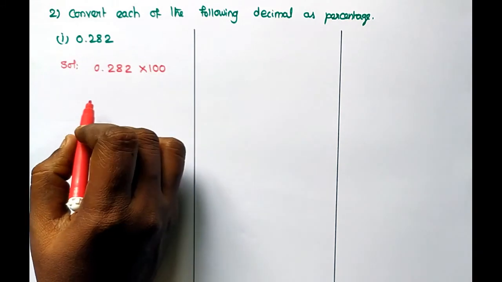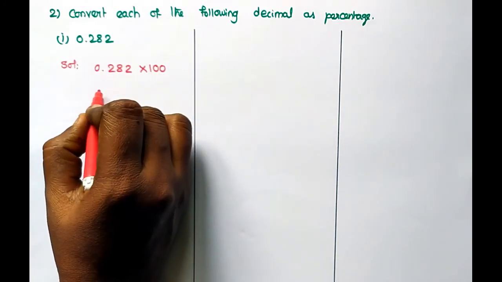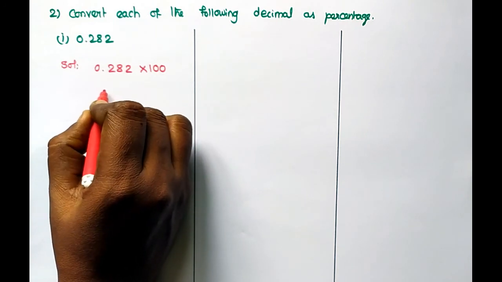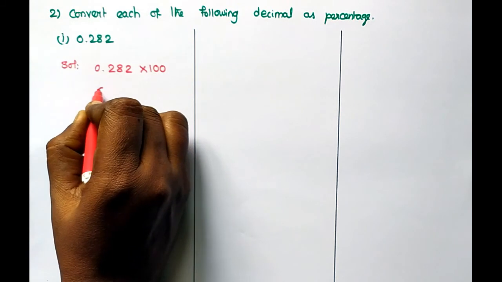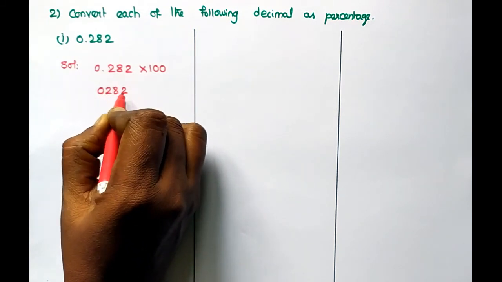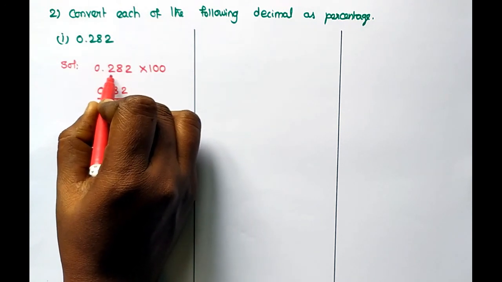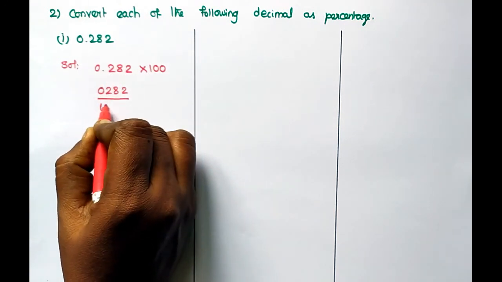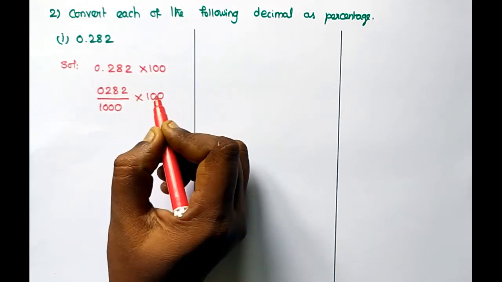First change this decimal into a fraction. Write down the number as it is, divided by... After the decimal point, how many digits are there? 3. So 1000, divided by 1000 into 100.